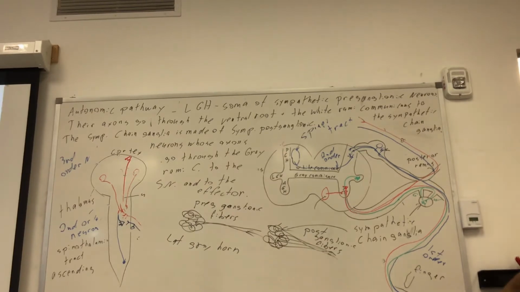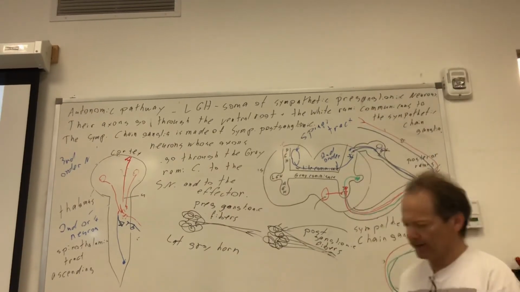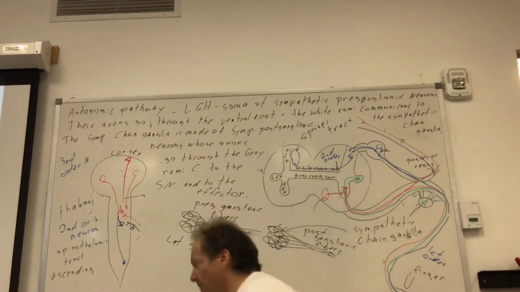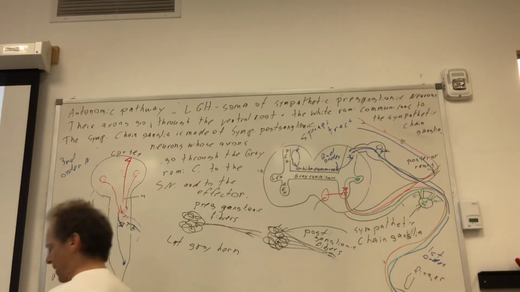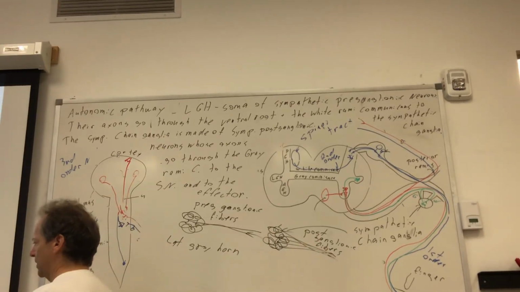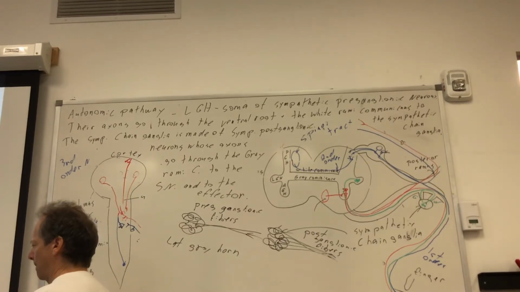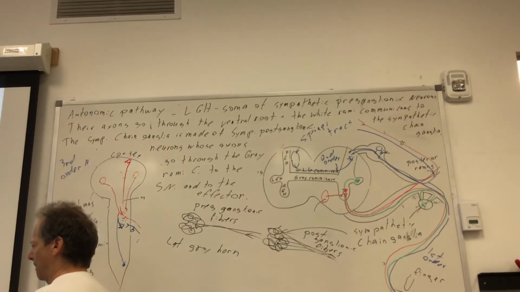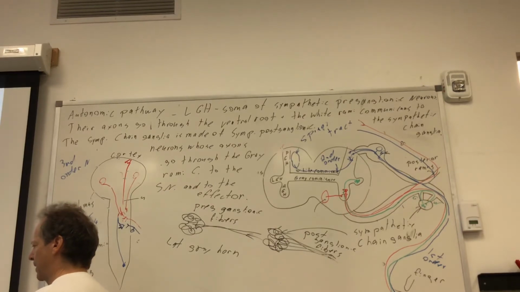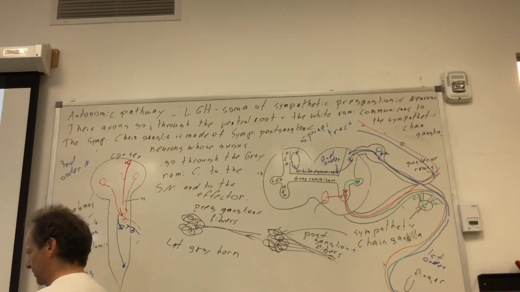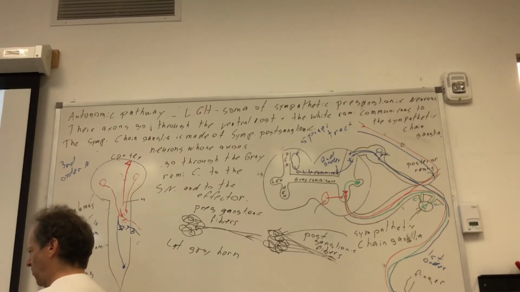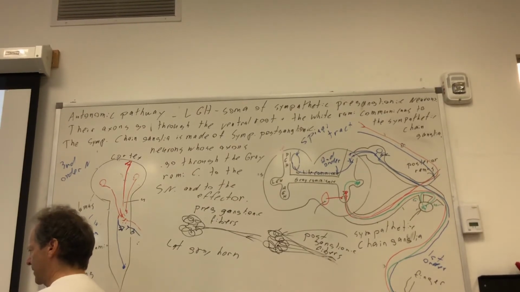And there is a picture. There are some pictures of the sympathetic chain ganglia in your slides as well. That would be this picture right here. Well, this is it here.